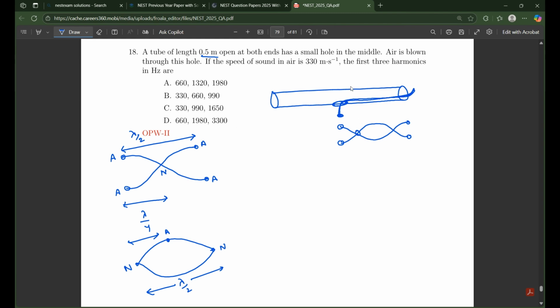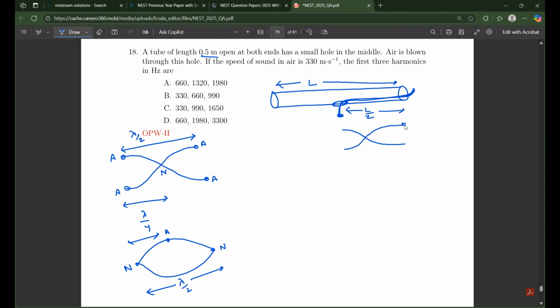Now this complete distance is L, and this distance is L by 2. How many nodes or antinodes are formed? For the first harmonic this will be the case. Since these are open ends, nodes cannot form there, so antinodes will be formed, and two antinodes at the two ends can be formed like this.